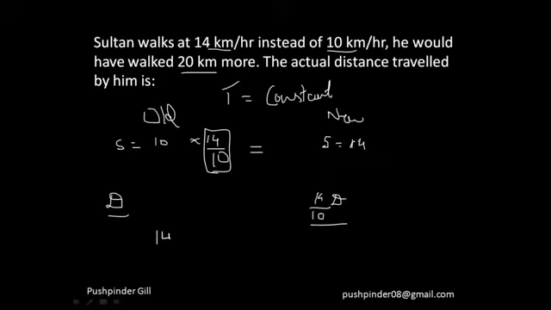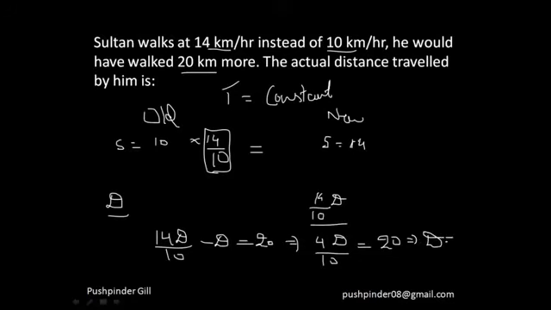So 14d by 10 minus d is equal to 20 kilometers. From this, if I calculate, it gives me 4d by 10 is equal to 20 kilometers, so earlier he was traveling 50 kilometers. Fine, it's 50 kilometers, I'm sorry.